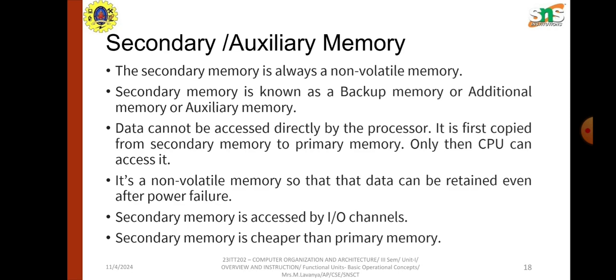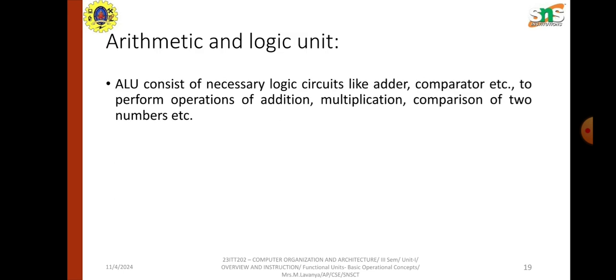And the secondary memory is the memory which is used as a backing up device. So it is also known as auxiliary memory, and as said, this is a non-volatile memory. The contents will not be lost even if the power is not available. And ALU stands for arithmetic and logical unit, in which we can perform all the operations within the system.